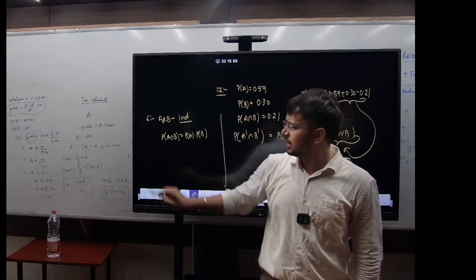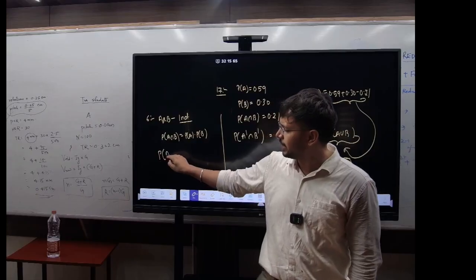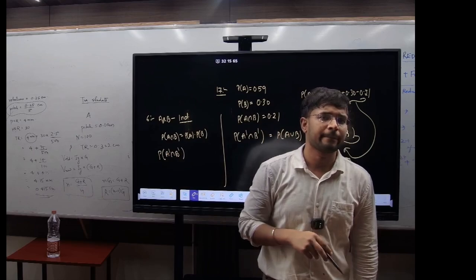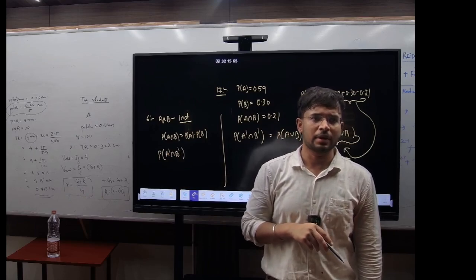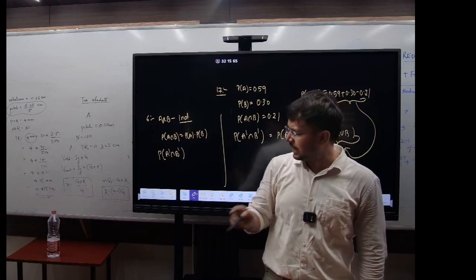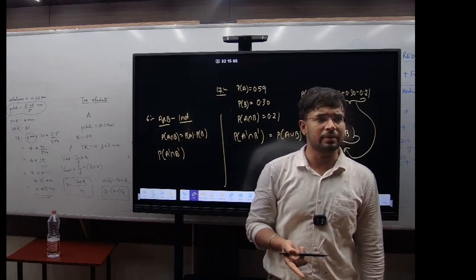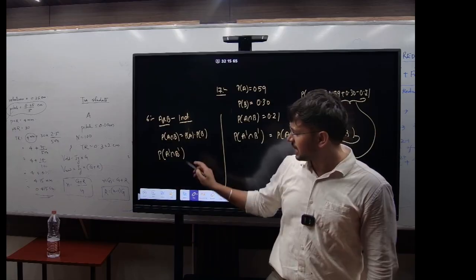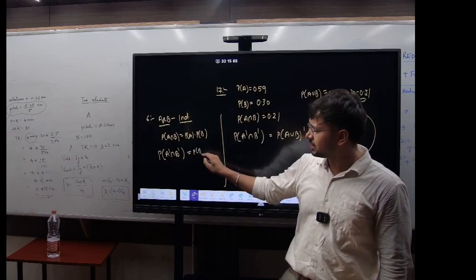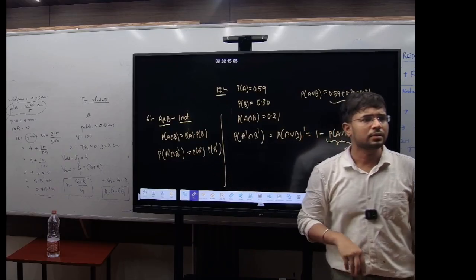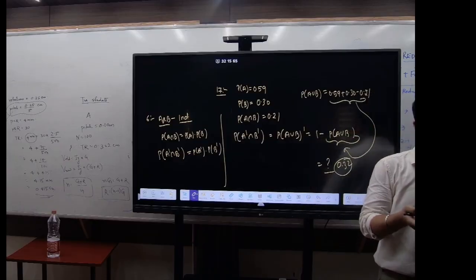But here in the question it is given P of A dash intersection B dash. So see, if A and B are independent, A dash and B dash will also be independent. So this can also be written as P of A dash into P of B dash.